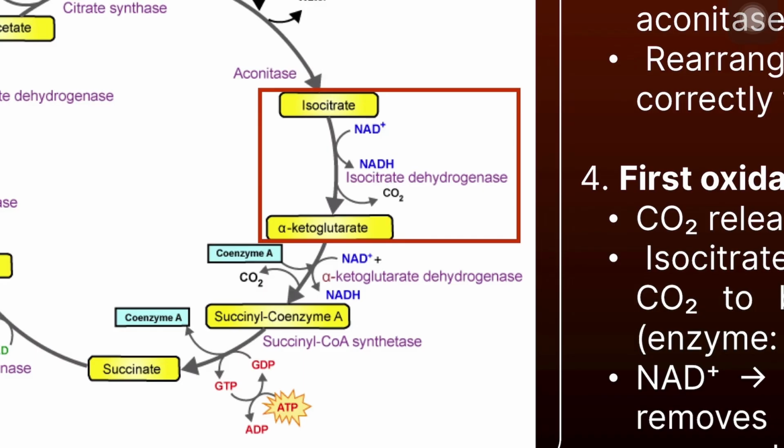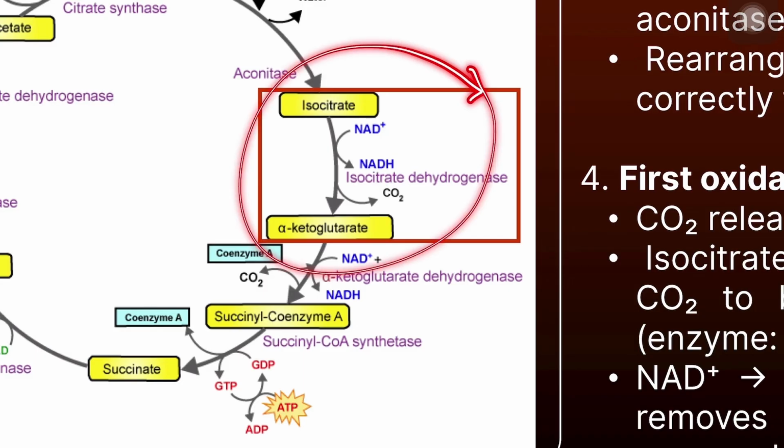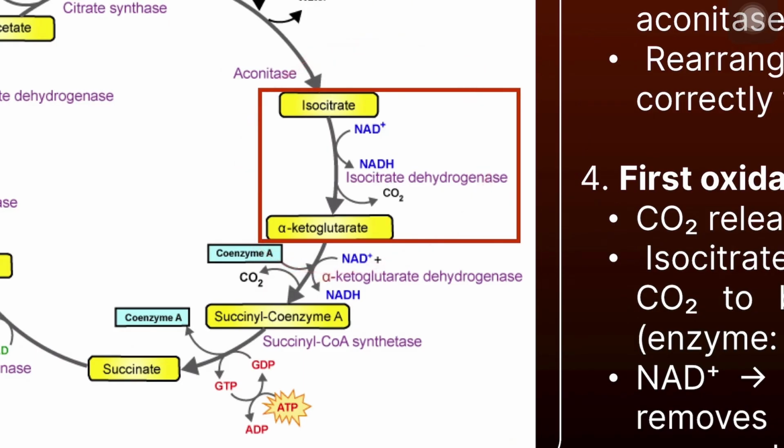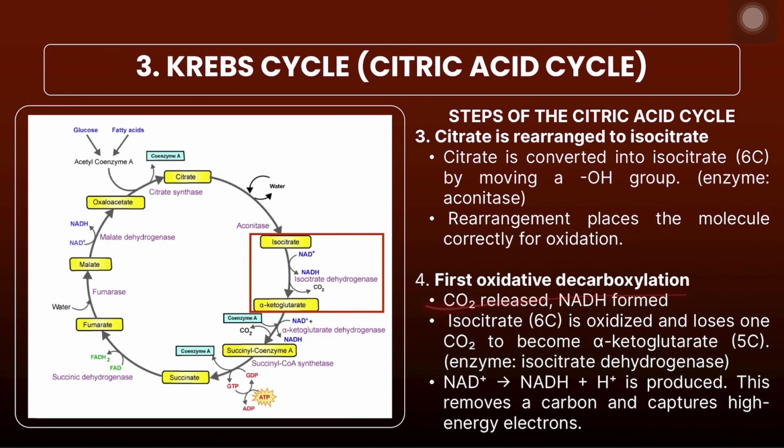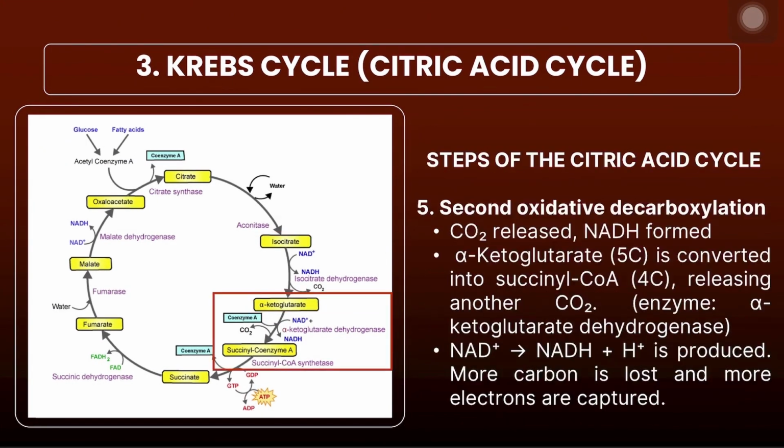At the end of this step, the isocitrate becomes alpha-ketoglutarate. Here, we've captured our first NADH of the cycle. So again, it is the first oxidative decarboxylation.